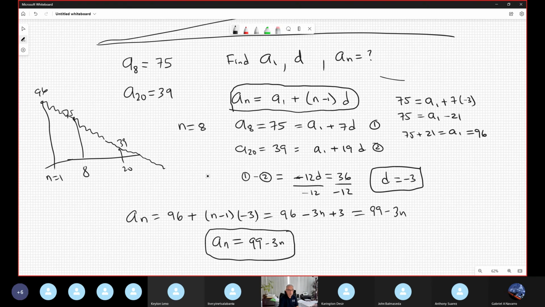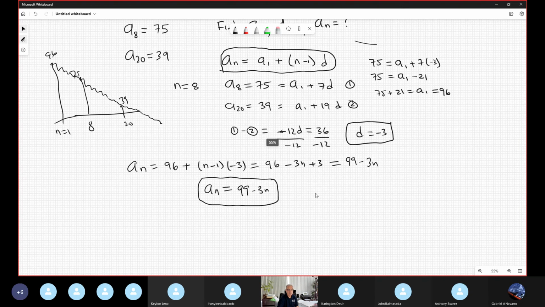You can check it if you want. For example, for n equal 1, the formula says A1 is equal to 99 minus 3, which is 96. Good. For n equal 8, A sub 8 is 99 minus 3 times 8, which is 24, so 99 minus 24 is 75.